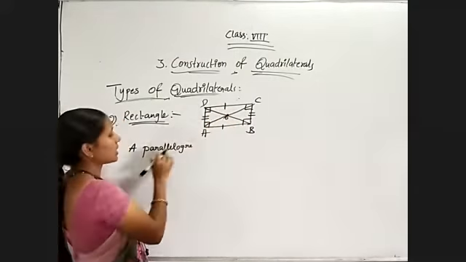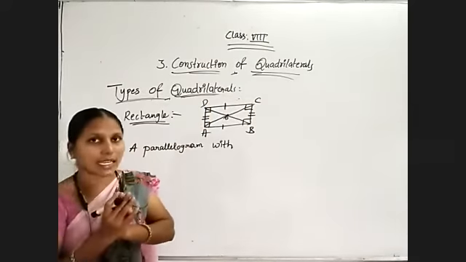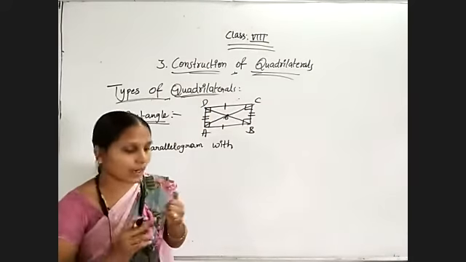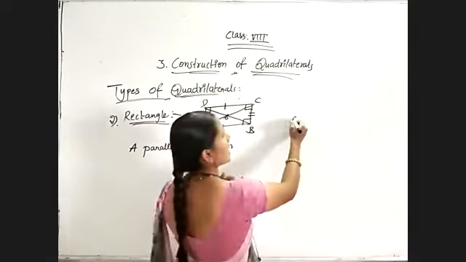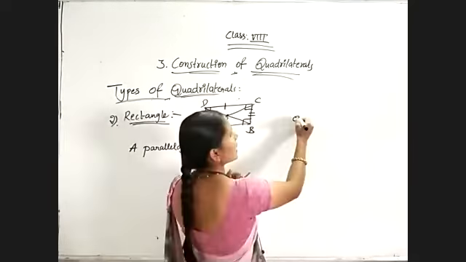What is the difference between a parallelogram and a rectangle? In the case of a parallelogram, angles are different, just observe. And we will check with the sides and angles only, remember this. So for a parallelogram, opposite sides are equal and parallel, and opposite angles are equal.